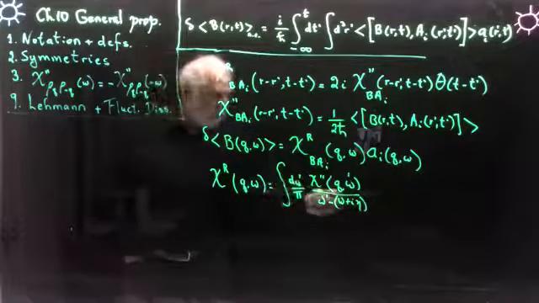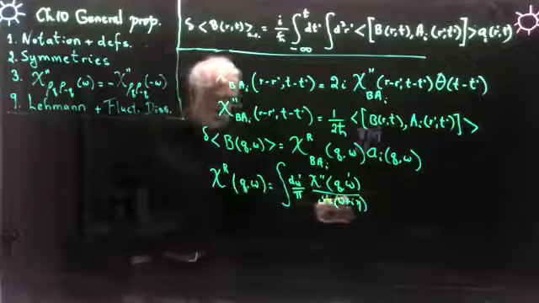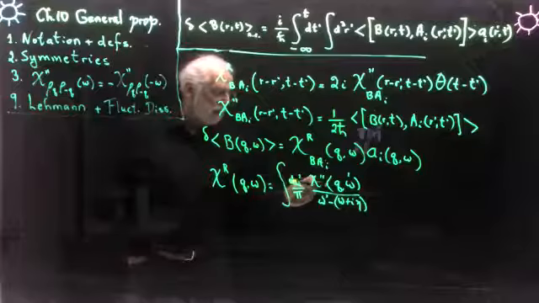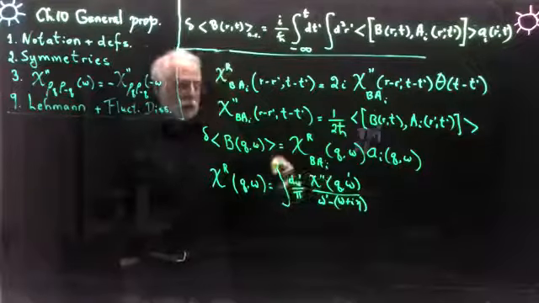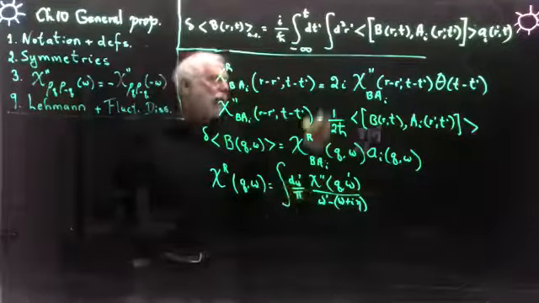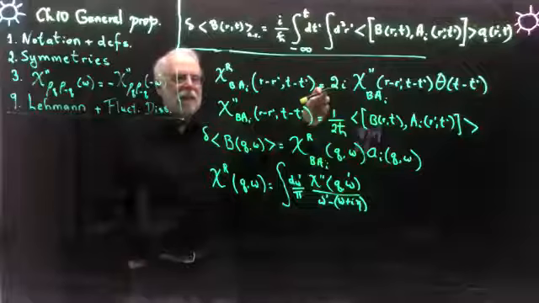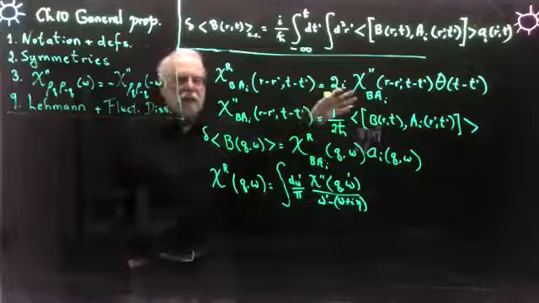Right, a retarded function will have that structure. It obeys Kramers-Kronig. And when you start from this and go back to time, you get this. You remember? So that's why I made this definition here.